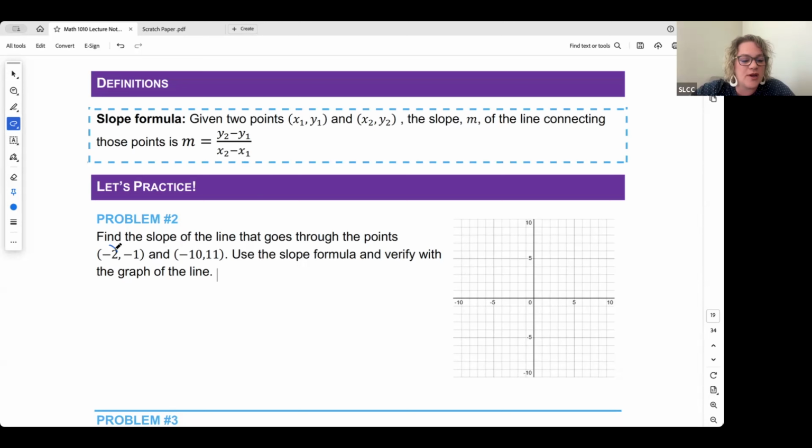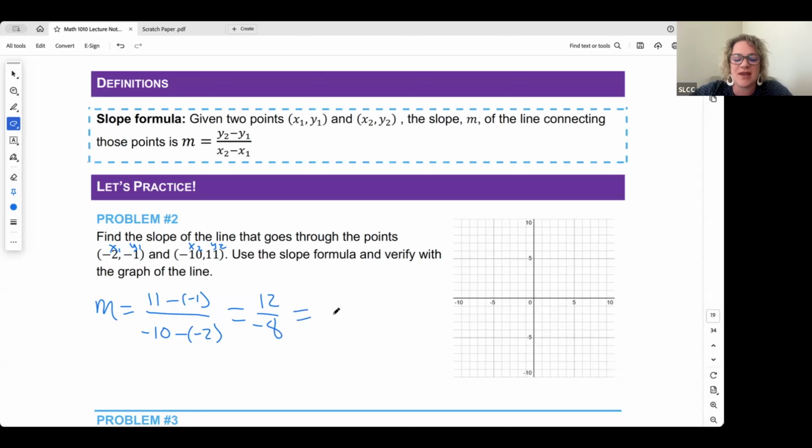If I label this point x1, y1, and this point x2, y2, I can just plug it into the formula. My slope would be 11 minus a -1 over -10 minus a -2. 11 minus a -1 would be 12, 11 plus 1, and -10 plus 2 is a -8.